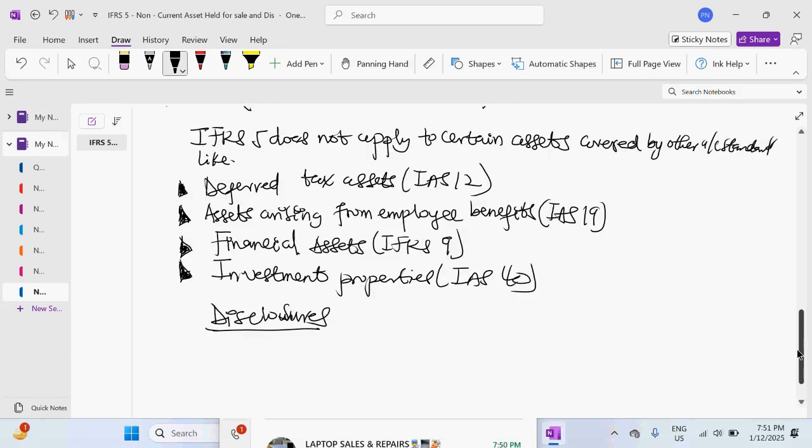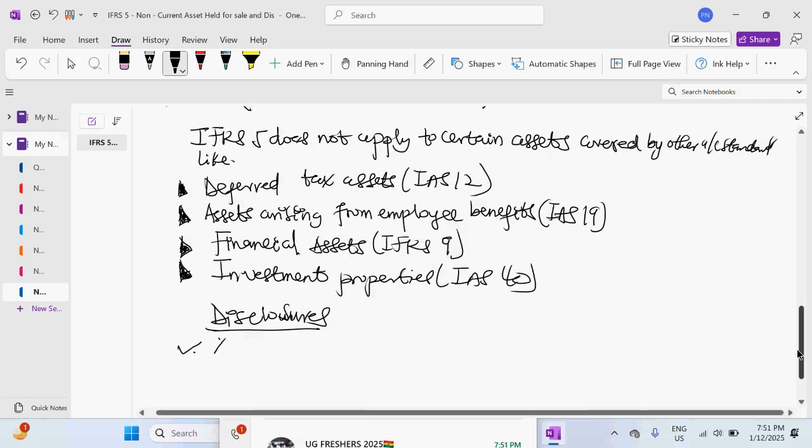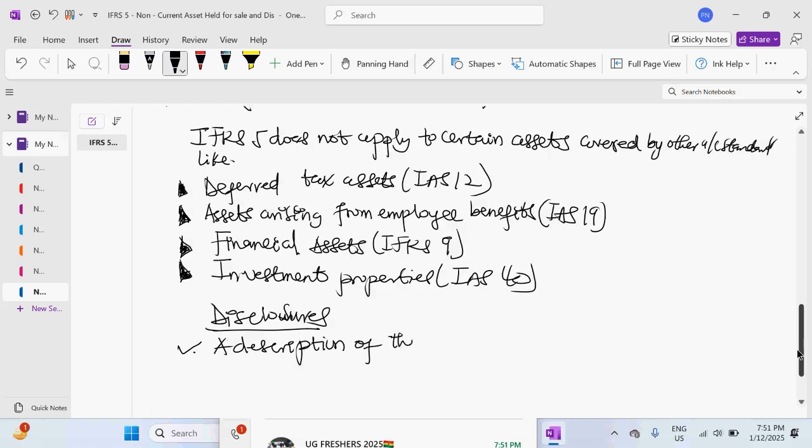So what are some of the disclosures? There should be a description of the non-current asset or the disposal group.